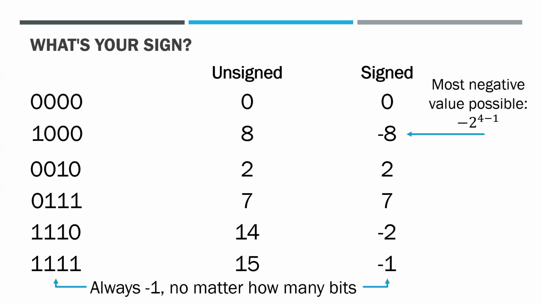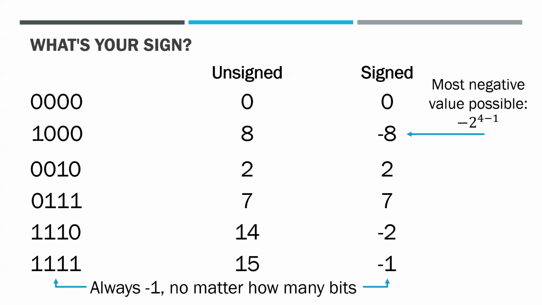And keep that in the back of your brain for a minute, because we're going to look at another pattern, right? But if you think about it, basically the way this works is the most negative number you're going to represent is going to be whatever that leading place is as a negative number.